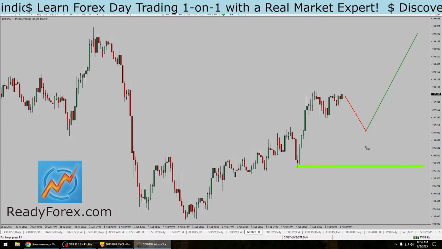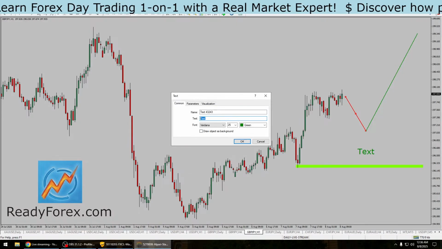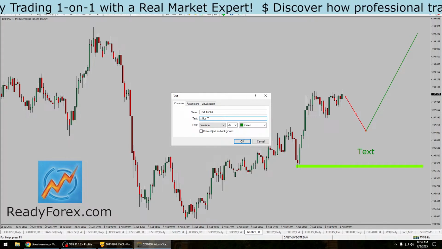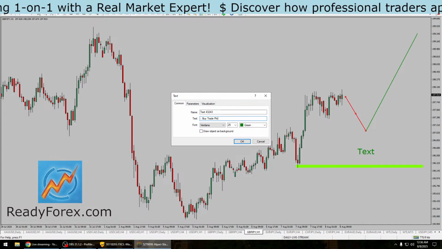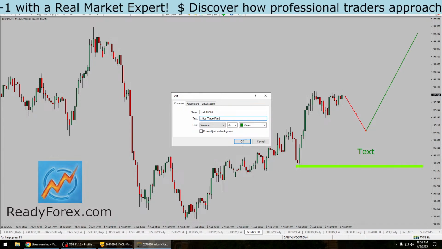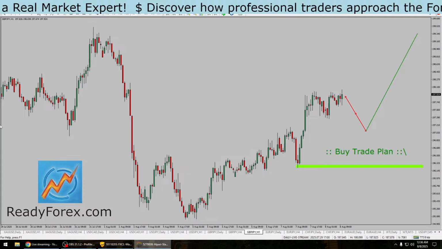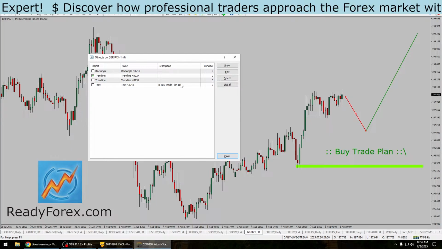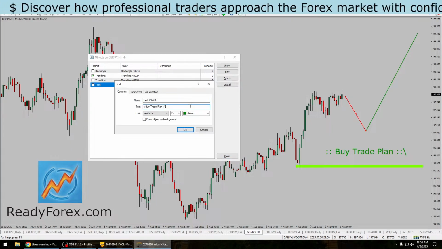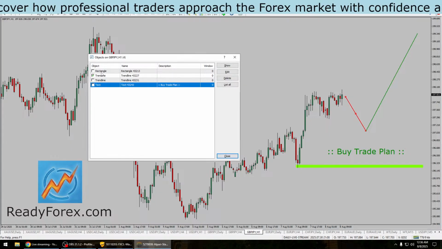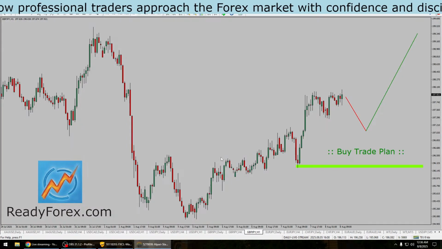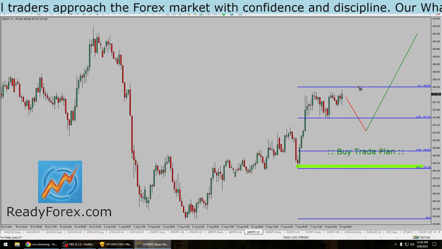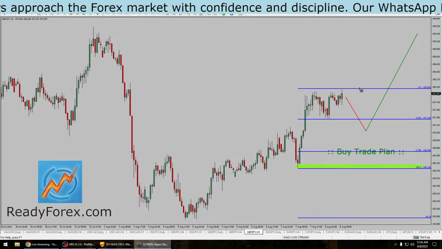So let me write it down over here. This is the buy trade plan in GBPJPY currency pair. You can further find it out with the help of a Fibonacci retracement level.